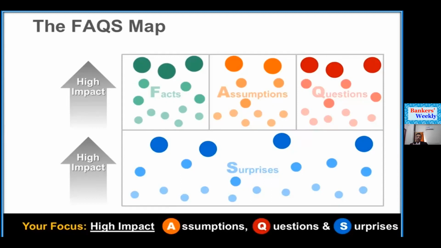Sometimes the impact of facts or assumptions, questions and surprises will be more, which is represented by the bigger dots, which says that you have to focus on the high impact of the facts, the assumptions, the questions, and the surprises, which is most important to mitigate the risk or to mitigate the uncertainties.